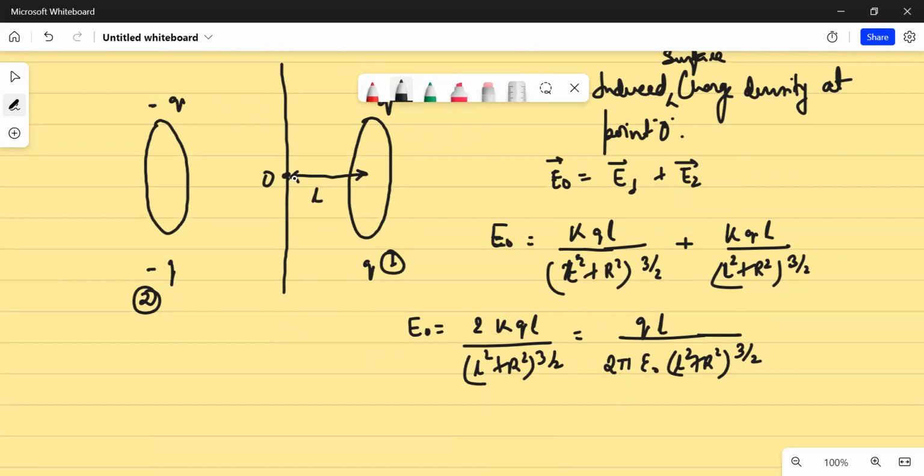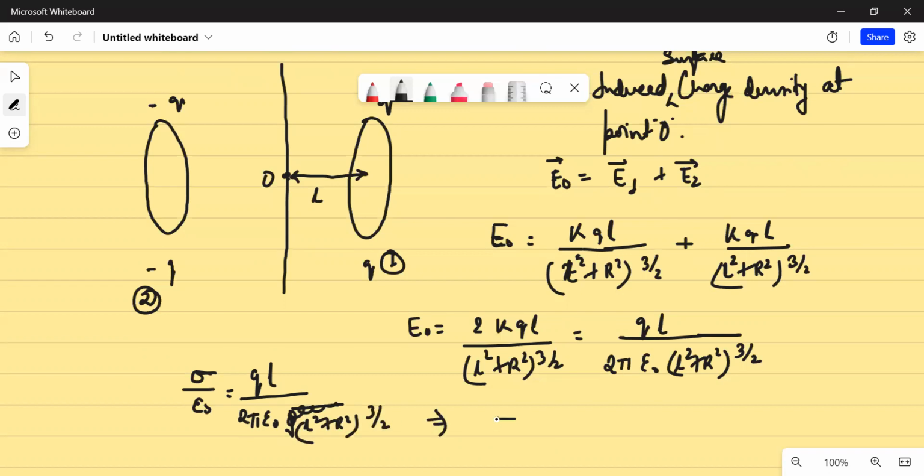And we know that normal to the plane at point O, the electric field just near is given by sigma upon epsilon naught, where sigma is the induced surface charge density. Here it refers to the induced surface charge density. This equals QL divided by 2 epsilon naught, L square plus R square raised to power 3 by 2.